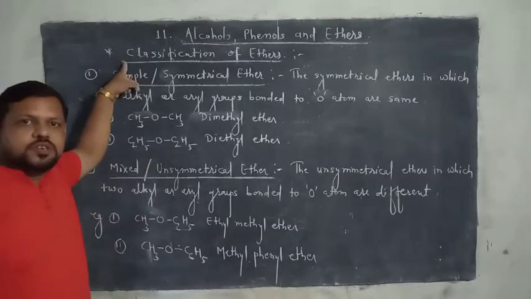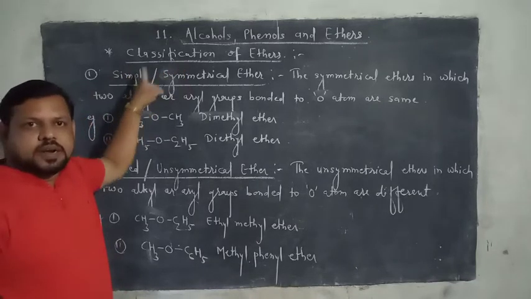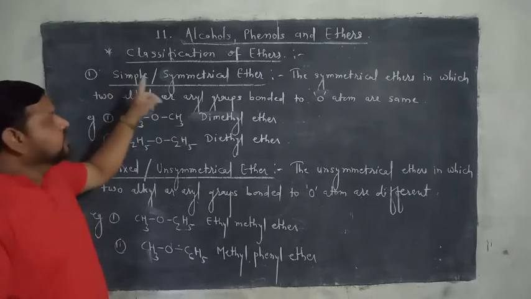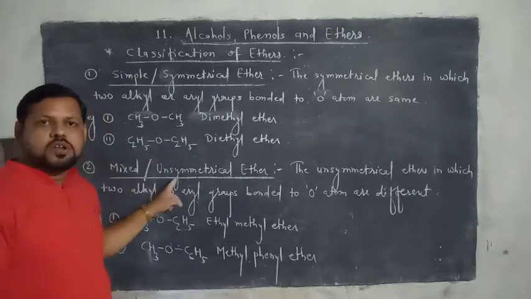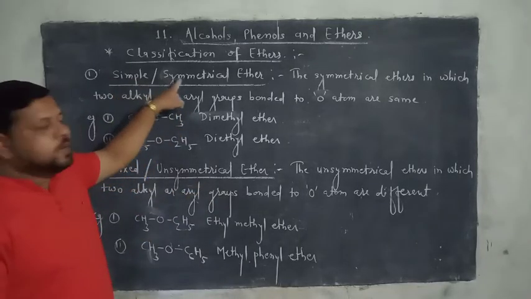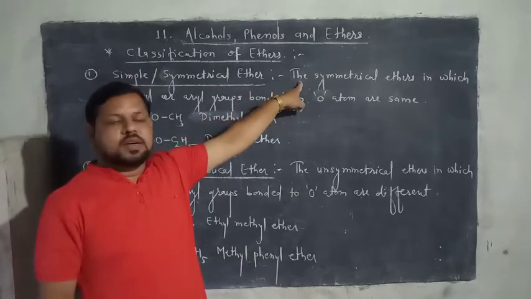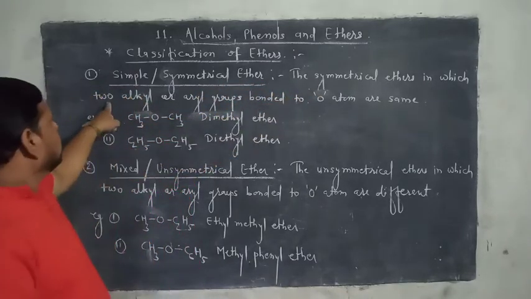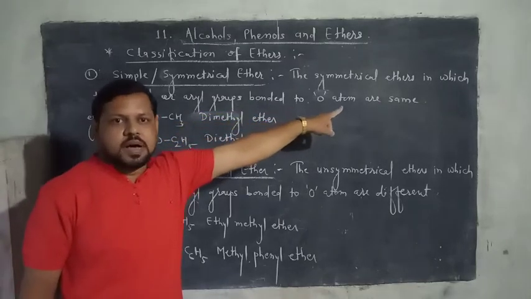Then classification of ethers. These ethers are classified into two types. First is the simple or symmetrical ether, and second is the mixed or unsymmetrical ether. First of all, we discuss the symmetrical or simple ether. In simple ethers, the two alkyl or aryl groups bonded to the oxygen atom are the same.